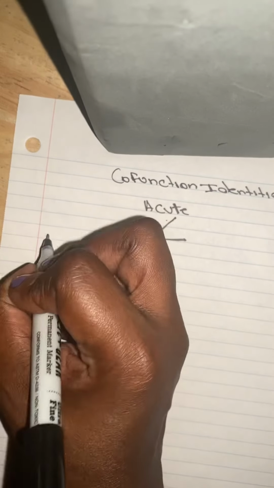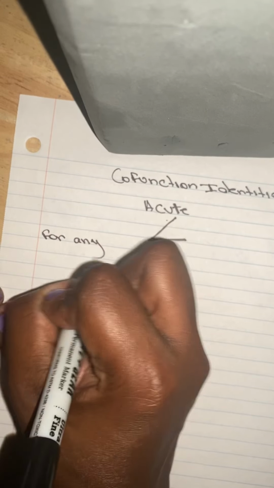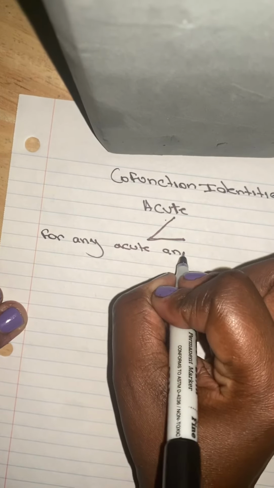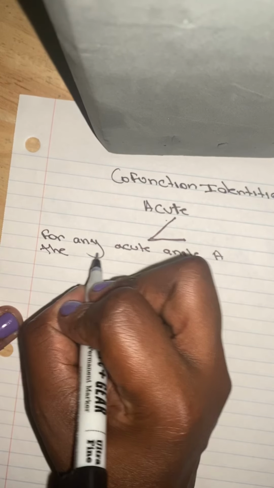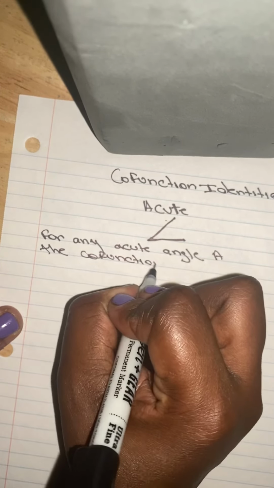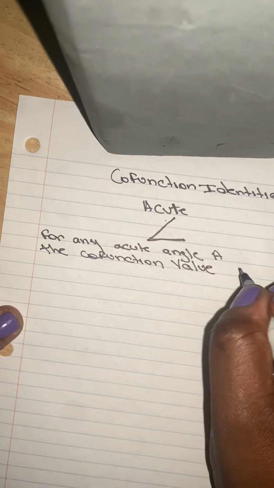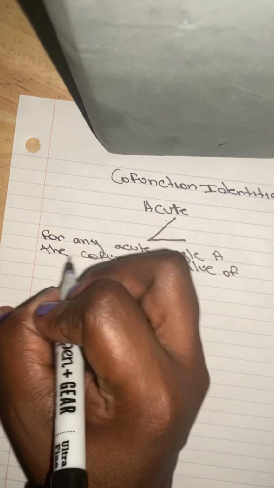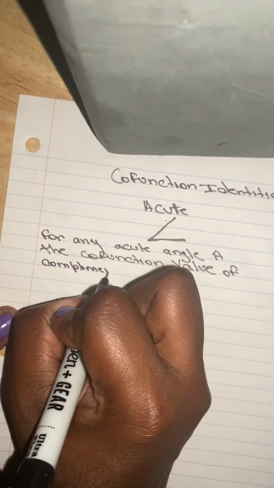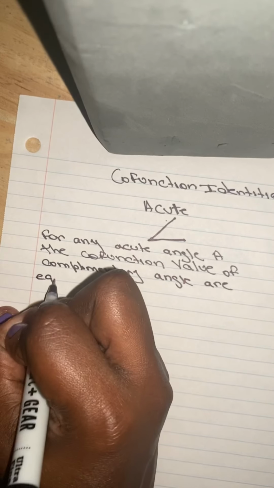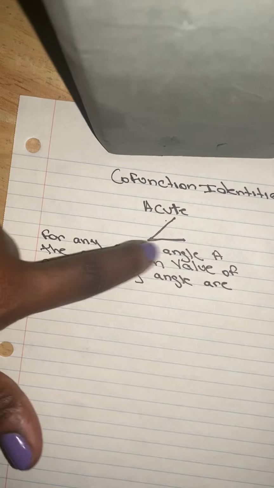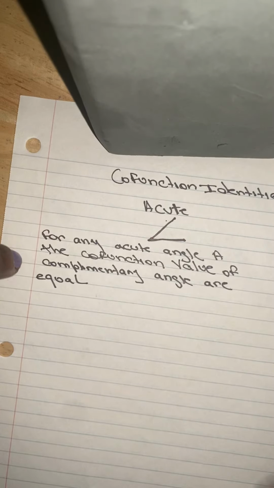It says: for any acute angle A, the cofunction values of complementary angles are equal.